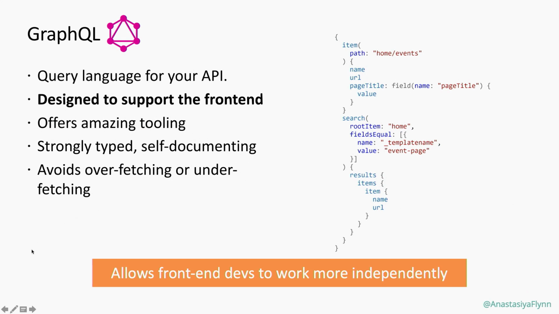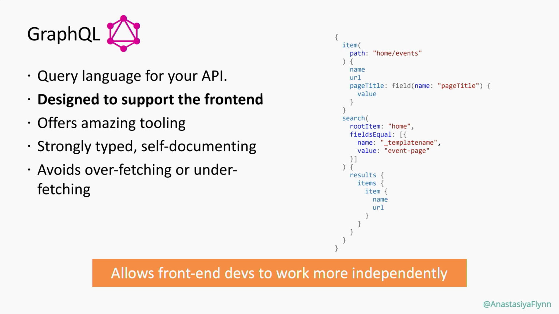So finally, I'm sure most people have heard of GraphQL by now, but I don't think everyone has used it. But from our experience, if you're building a framework that is targeted for front-end devs, it should be using GraphQL on the back end. It really empowers front-end devs.